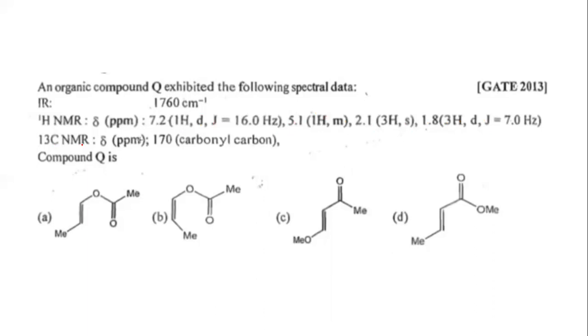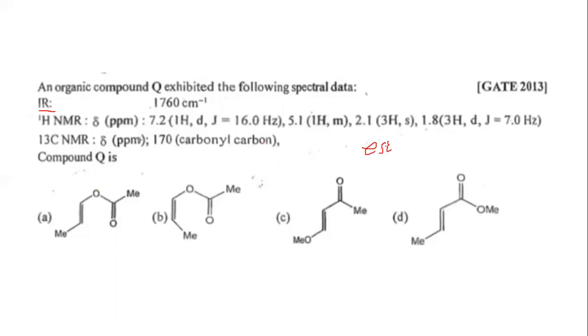And the carbon-13 NMR shows a peak at 170, which indicates a carbonyl carbon. Let's go to the IR data, which will tell us about the functional group. The IR value of 1760 centimeter inverse indicates an ester.